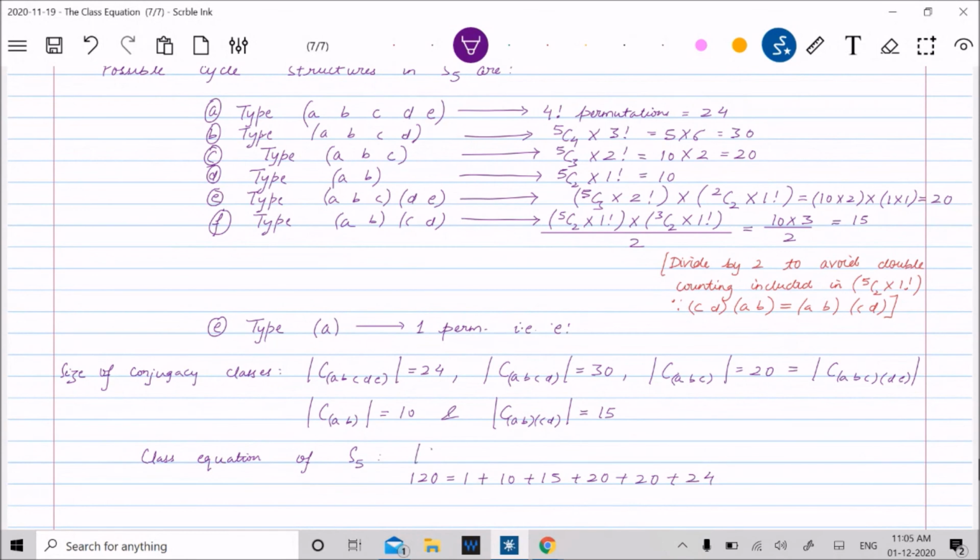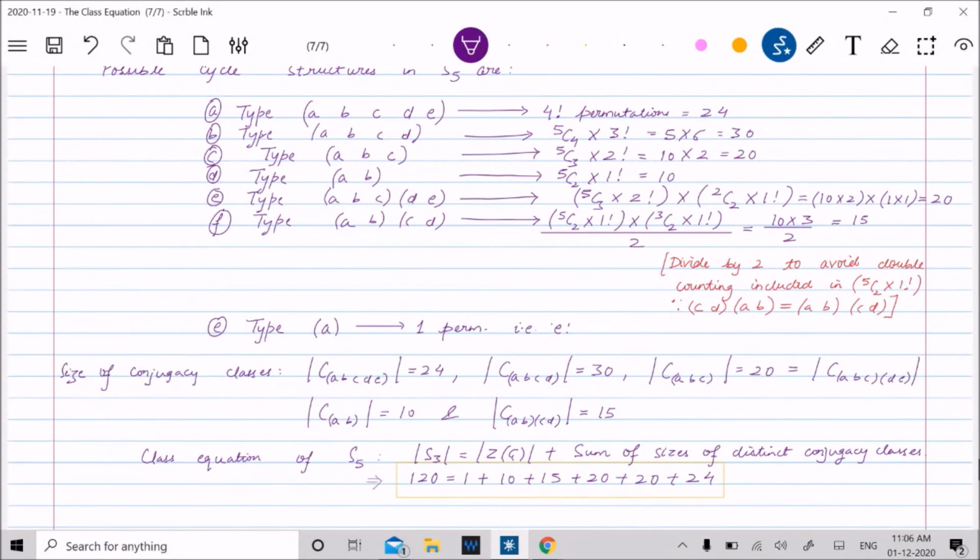And this is just due to the fact that the size of the group is equal to the size of the center plus the sum of the sizes of distinct conjugacy classes.